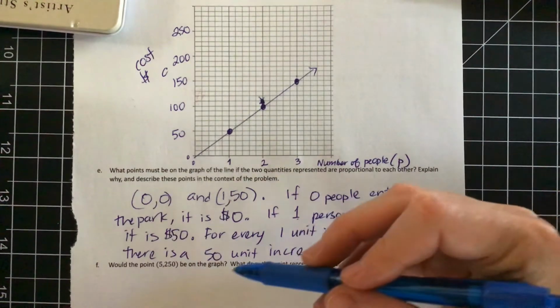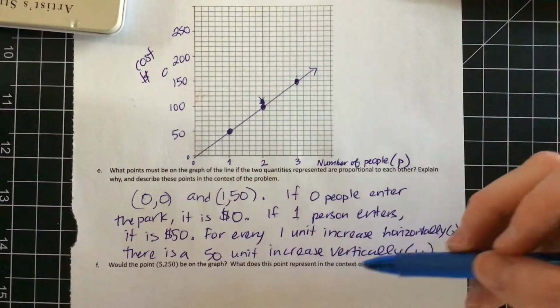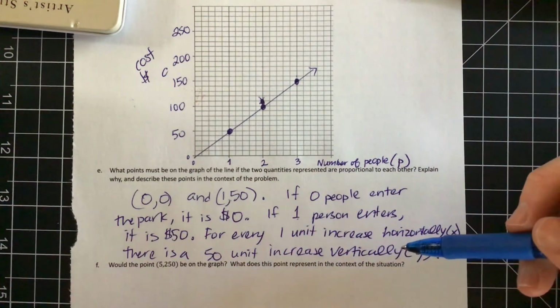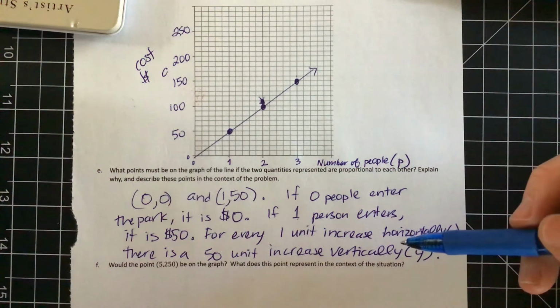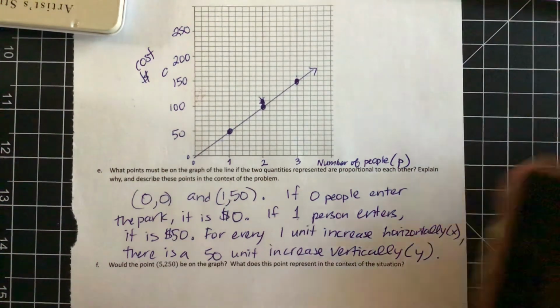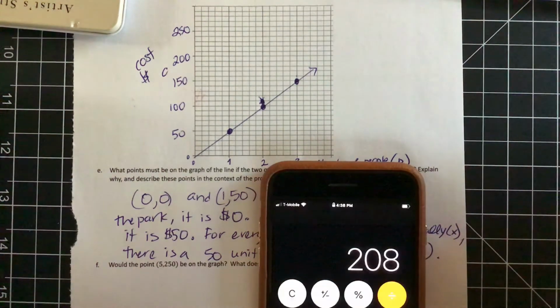And would the point (5, 250) be on the graph? What does this point represent in the context of the situation? We could divide it and see.